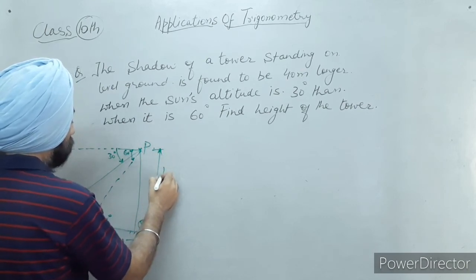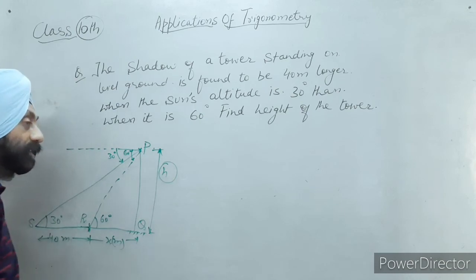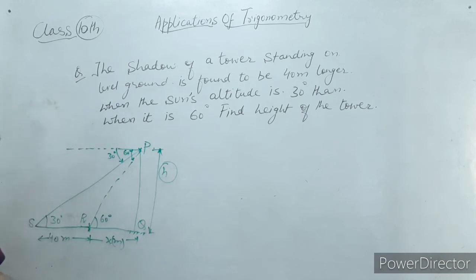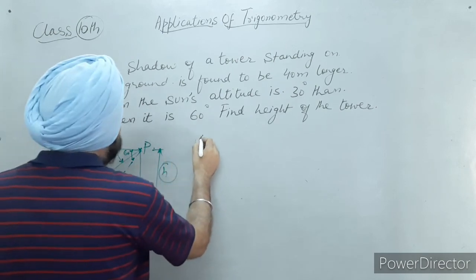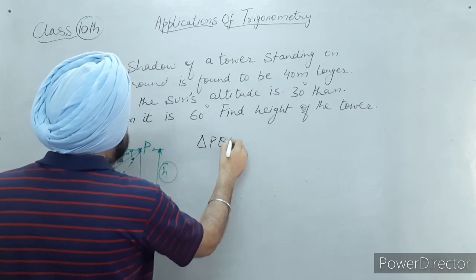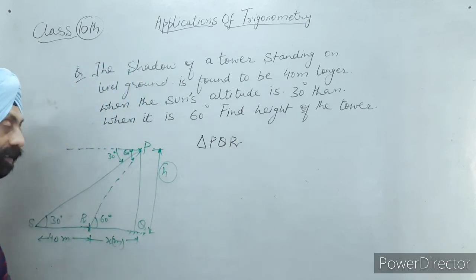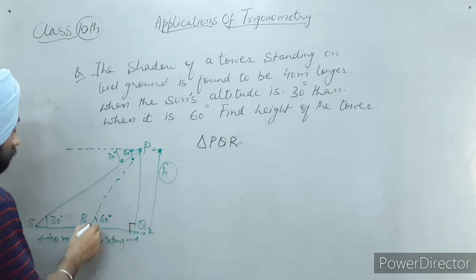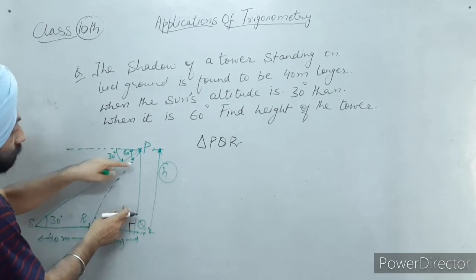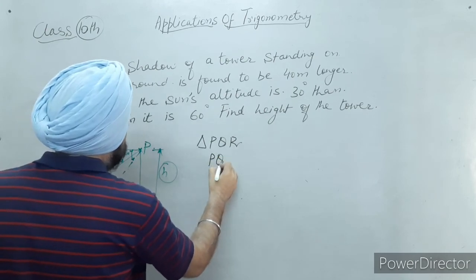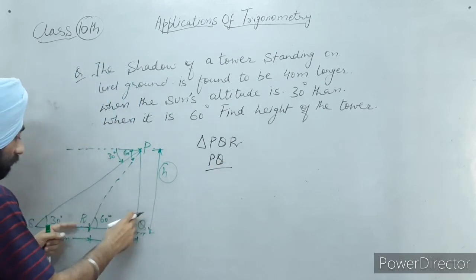Now I have to find the height of the tower, let it be H. It's again very simple sum. First take the triangle PQR. Again apply the relation between the sides and the angle of the triangle. Look here. This is the perpendicular divided by RQ.